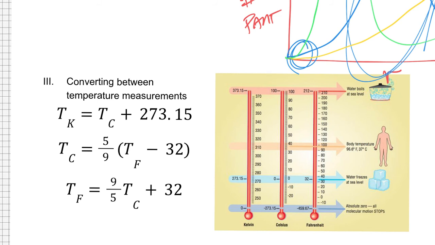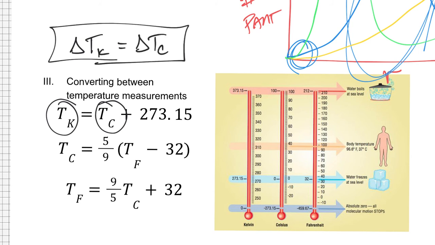One thing to note is that Celsius and Kelvin have the same scale. So the change of temperature in Kelvin equals the change in temperature of Celsius. This is actually pretty valuable to know. Kelvin is just 273 more than Celsius. But if I increase my temperature by 1 Kelvin, that is the same as increasing my temperature by 1 degree Celsius.